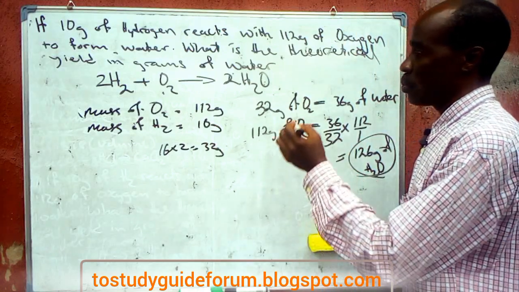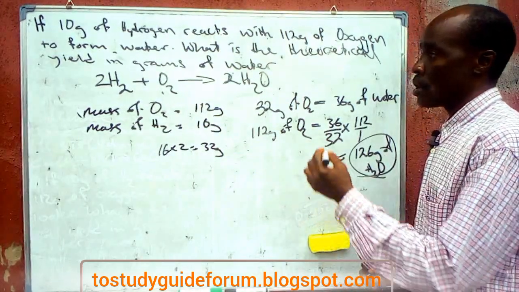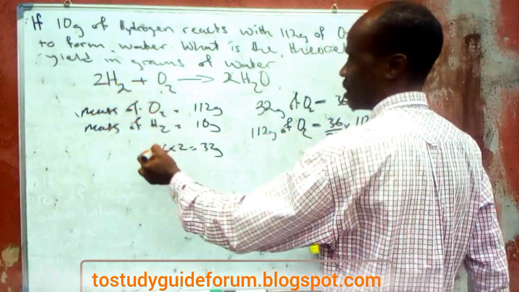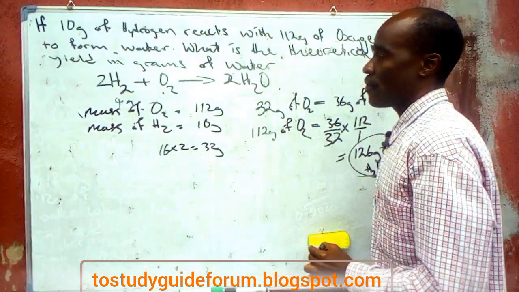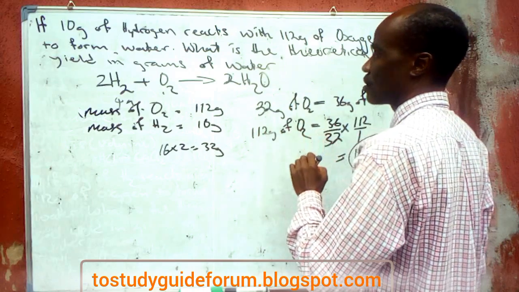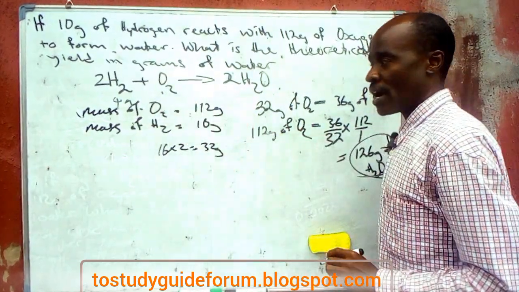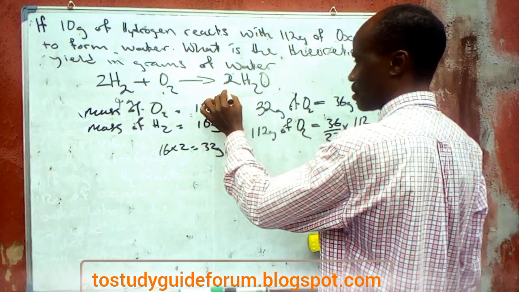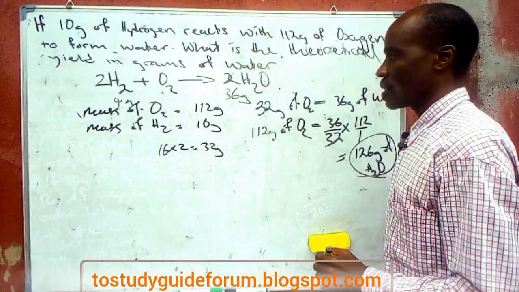So let's see what we have if we are using 10 grams of hydrogen. Now, from the balanced chemical equation, we are meant to understand that 4 grams of hydrogen, reacting with excess oxygen, will give us 36 grams of water.